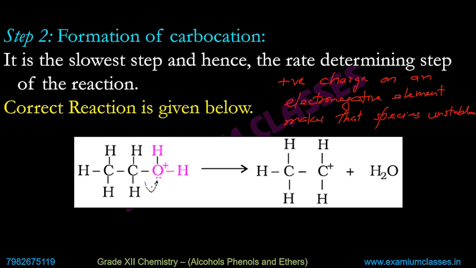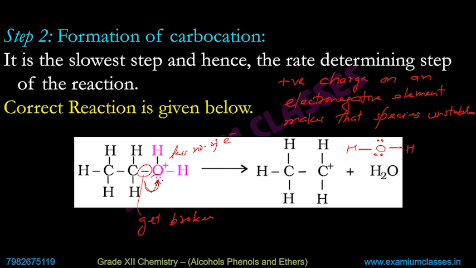How does it happen? It happens because this oxygen has positive charge. It means it is deficient in electrons. It has fewer electrons than it should have. So that's why this bond gets broken, and both the electrons are provided to this oxygen. And this oxygen, as usual, now has two lone pairs.